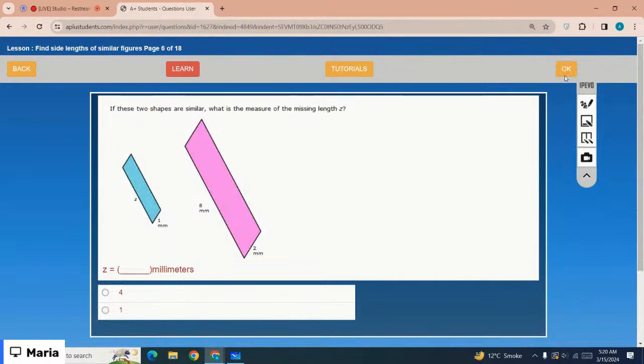So which is the correct option? The correct option is Z equals 4.